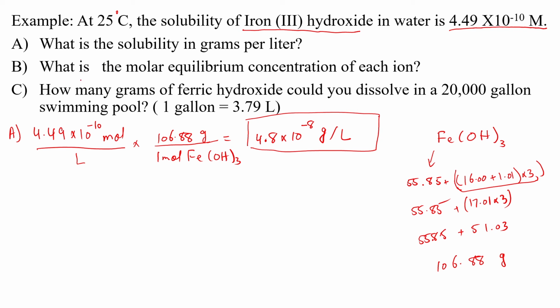For B, we have to find the molar equilibrium concentration of each ion. Since we have to find molar equilibrium concentration, we will be using this number, which is in molar already. This is the molar concentration of iron 3 hydroxide. You have to find it for each ion, which means you have to write the dissociation equation of iron 3 hydroxide. So let's write that down. It is very important that you start with the right formula. Only then will you have the correct dissociation equation.